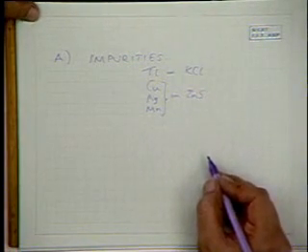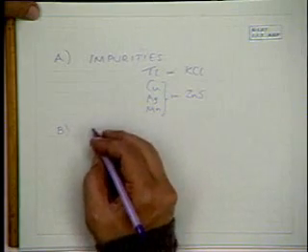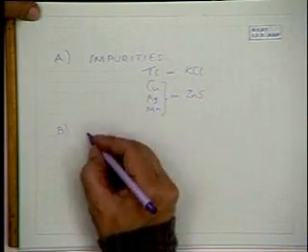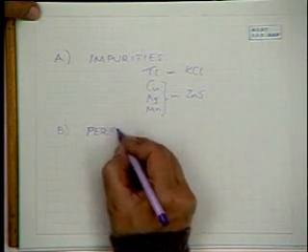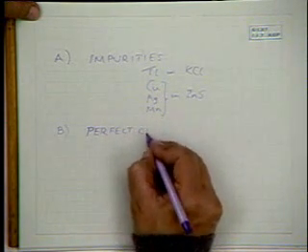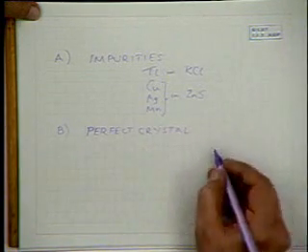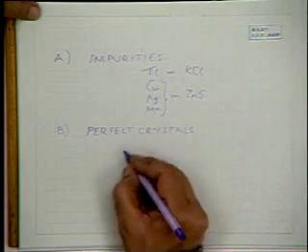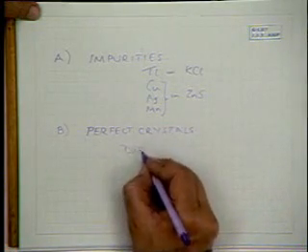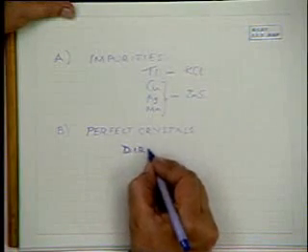These are impurity activated luminescence, and one can get luminescence due to the perfect crystals themselves, without any impurities, as in the case of semiconductors where you have direct band-to-band transitions.